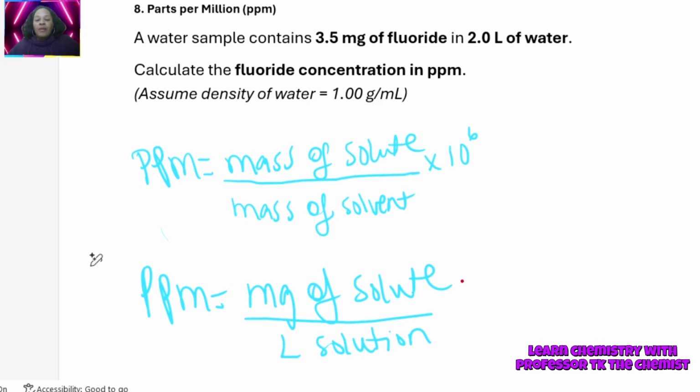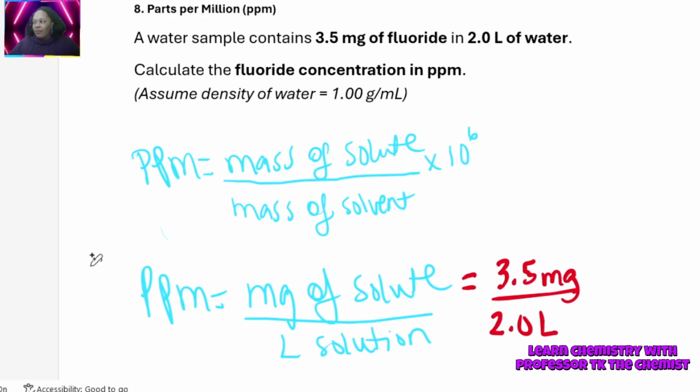Up here, the milligrams was 3.5 for the fluoride, and we divide that by 2.0 liters of the water. So 3.5 divided by 2.0, and I get 1.75. Now, here's a sig fig rule.